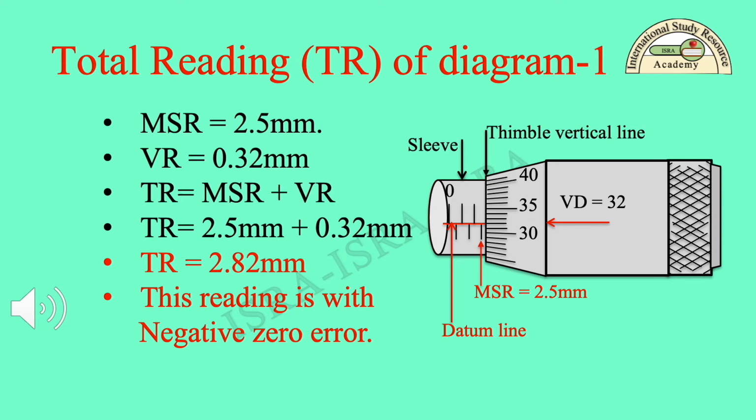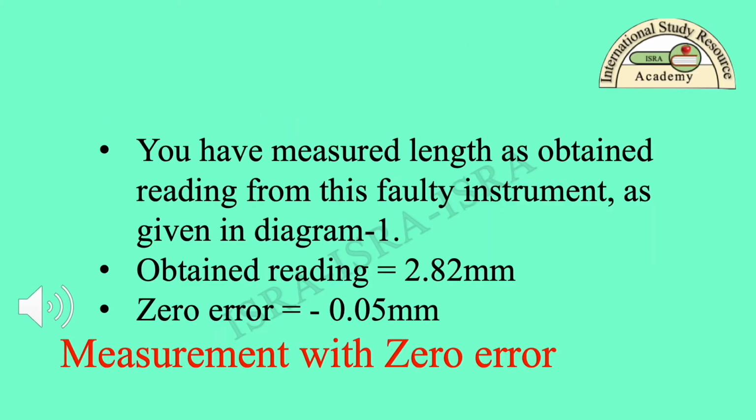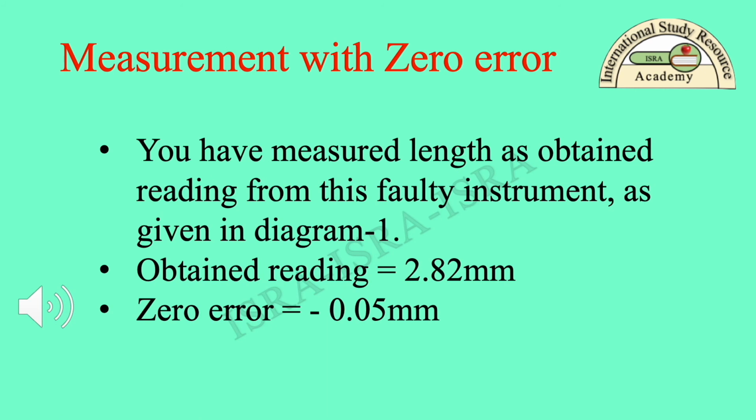This reading is with negative zero error. Measurement with zero error. You have measured length as obtained reading from this faulty instrument as given in diagram 1. Obtained reading is equal to 2.82 mm. Similarly, you have measured negative zero error of this faulty instrument when its jaws are fully closed. The zero error measured is equal to minus 0.05 mm.